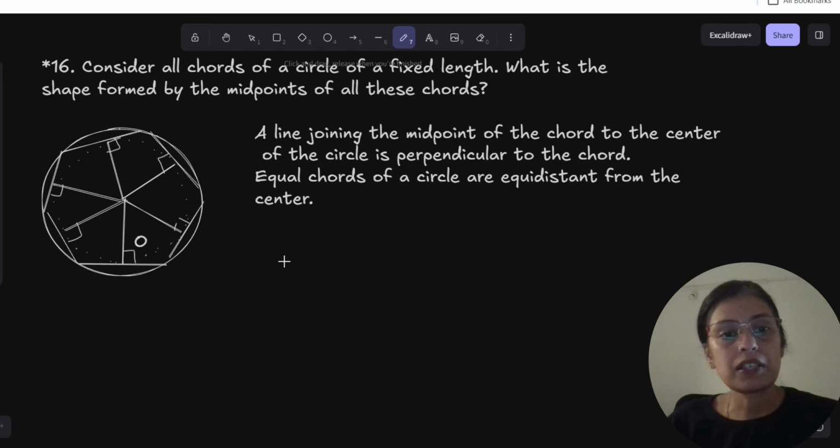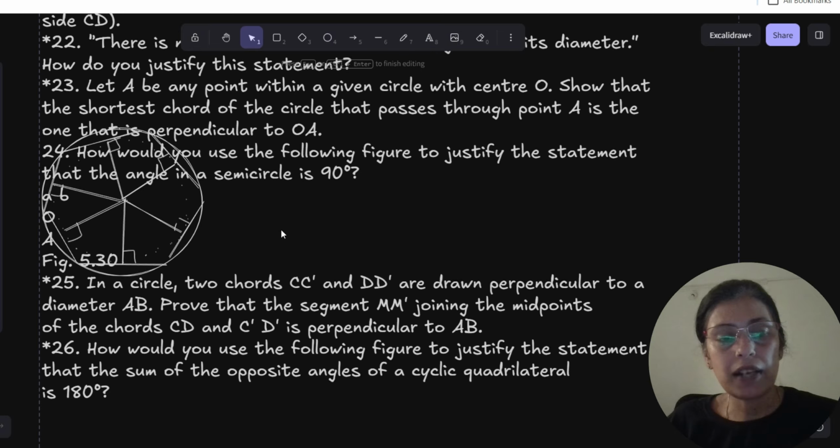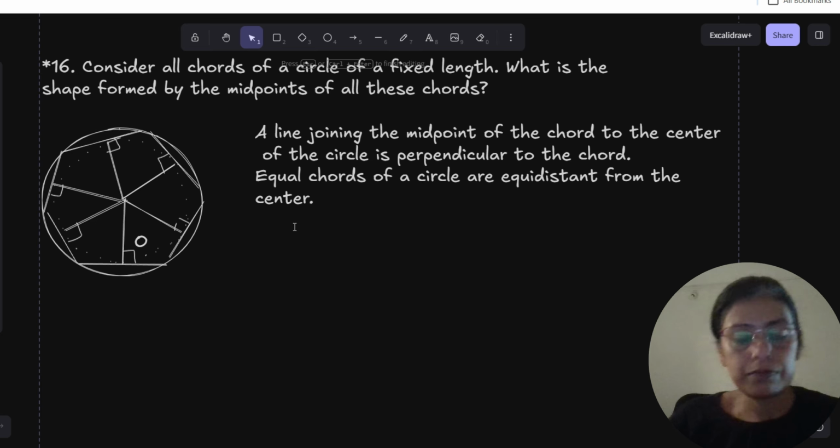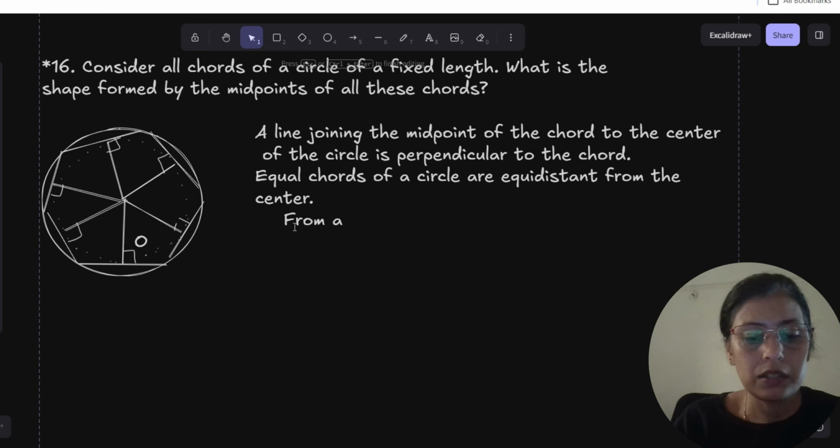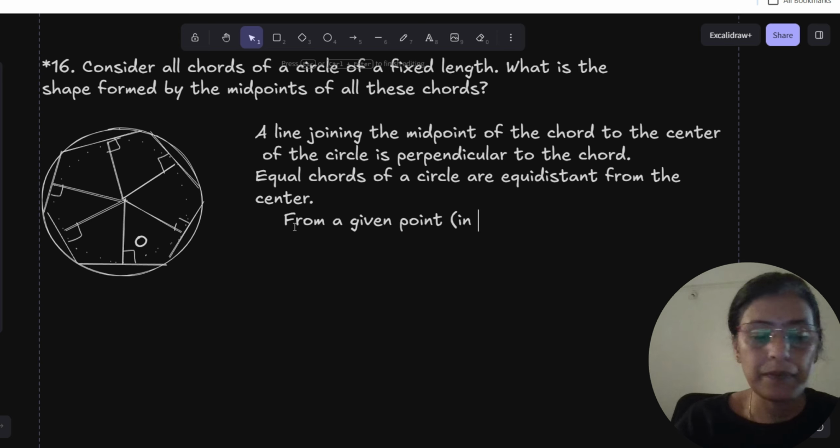The definition of the circle is, from a given point, if we start joining all the points which are equidistant from it, it will form a circle, right? In this case the given point is O.